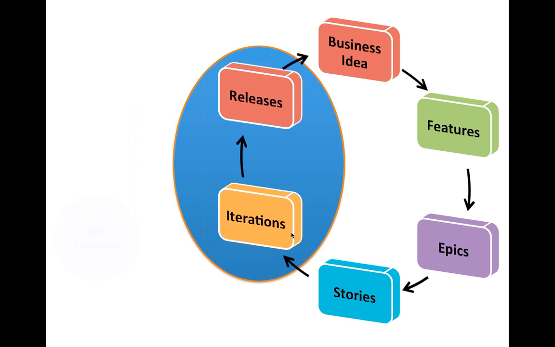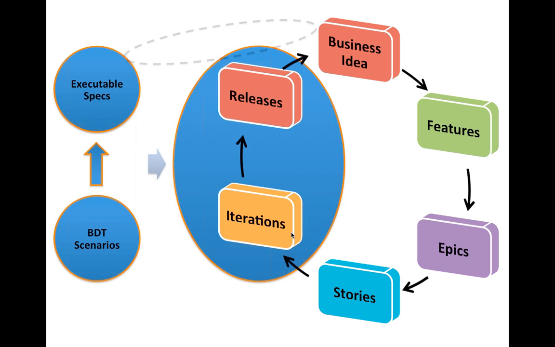Whatever functionality is developed collectively in iterations and releases is being mapped by the BDT scenarios, which when automated become your executable specifications. When your executable specifications run in continuous integration, or you execute them manually, you are ensuring that the business idea is still validated at the end.